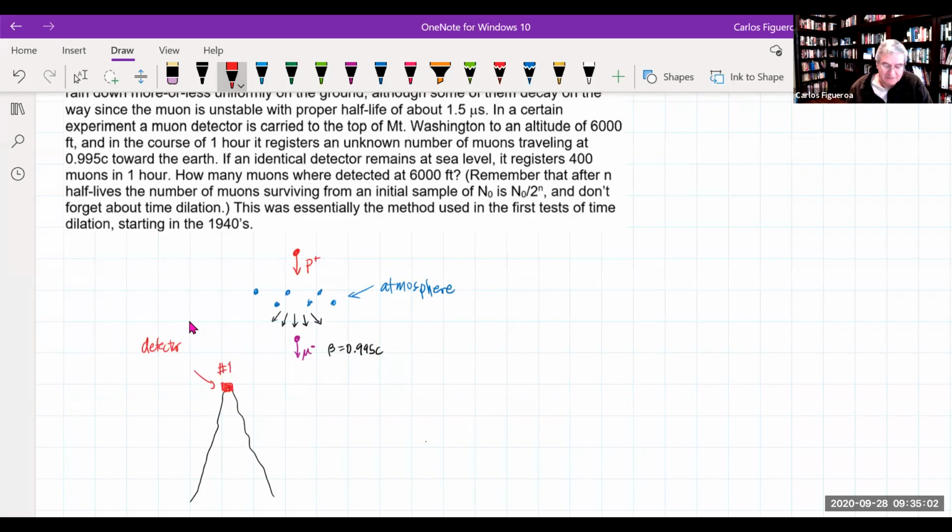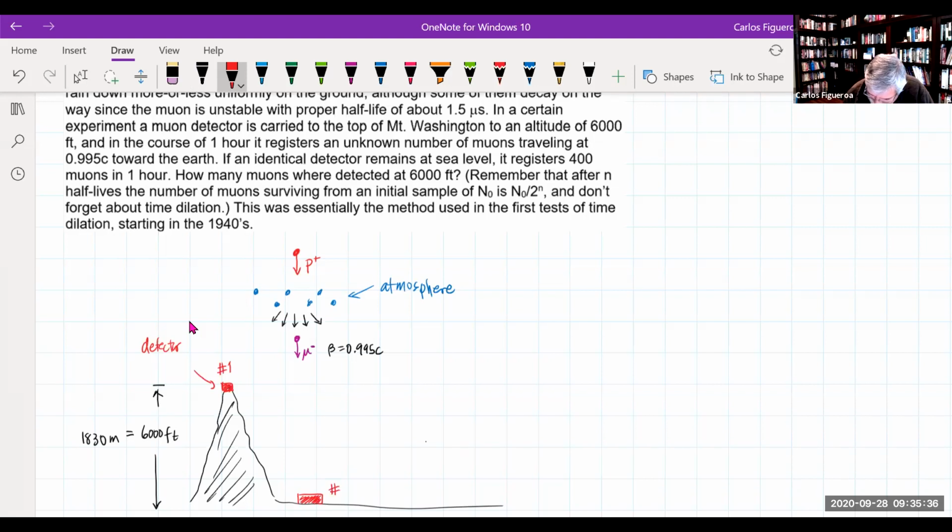Why 1? Because that's essentially what the muons see here. And what they know about this is that it's 6,000 feet high. And in meters, it's 1830 meters. We only care about meters, not feet. And as the muons come down, there's a second detector.